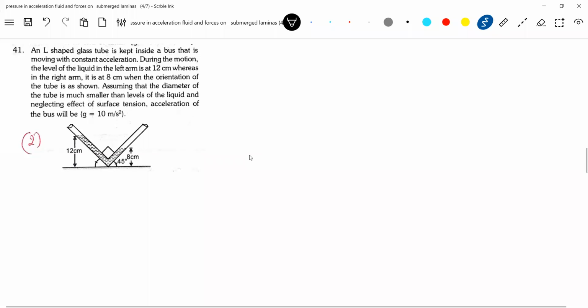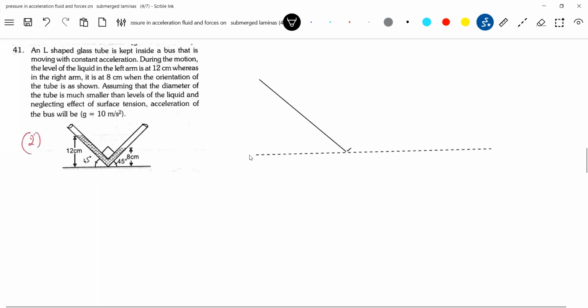I'll go for one small diagram. Okay, this is the... another angle not visible, 45 degrees. And this should be 45. If you want, you can make some other angle also.